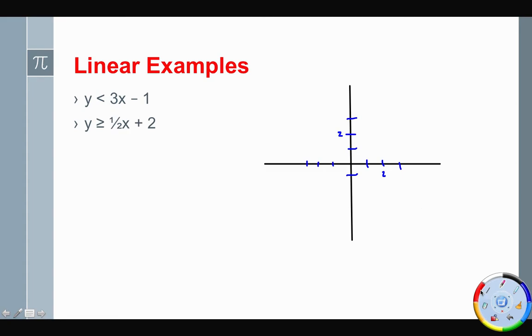All right, and then I'm going to graph my line. I have a y-intercept of 2 and a slope of 1/2. So I'm going to go up 1, right 2, and down 1, left 2. This is a greater than or equal to, so this one gets a solid line.